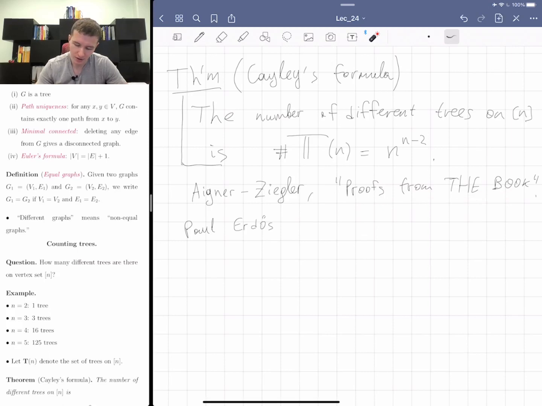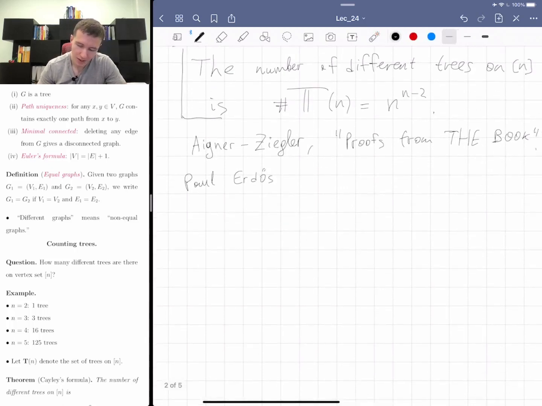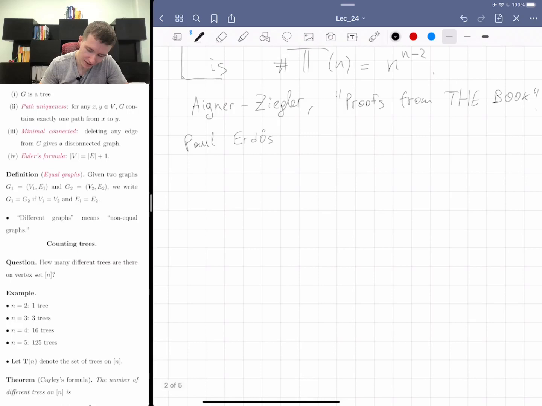According to them, the book contains 4 proofs of Cayley's formula. If you want to know more about this formula and some other beautiful things, you might want to look it up. Also, if you want to know more about Erdős, there's an interesting Wikipedia page you can read if you don't know who he is. Anyways, that's the detour.